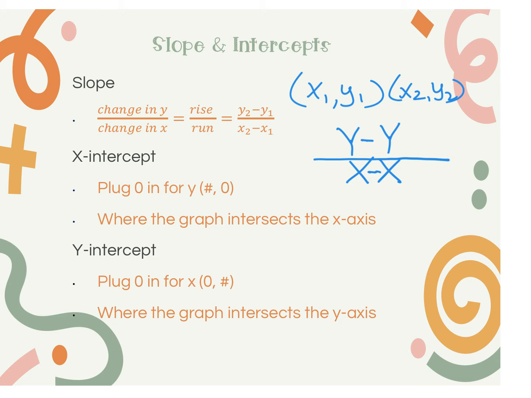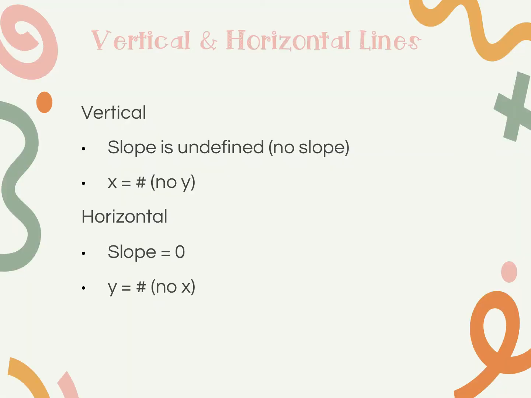Now let's talk about slope and what it looks like. So two special cases: when the line is a vertical line, the slope is undefined, or you have no slope. When you're going to enter this in WebAssign, in the problem, they're going to tell you when it's a no slope or if it's undefined, you're going to type in the 3 capital letters D, N, E. Does not exist.